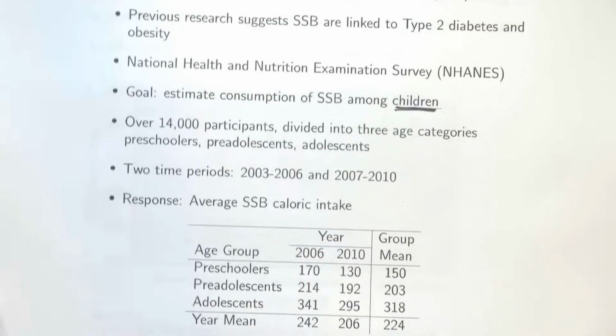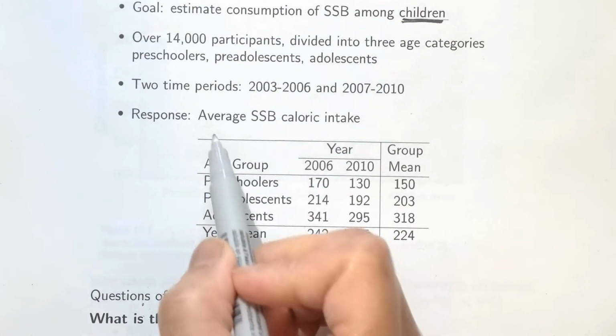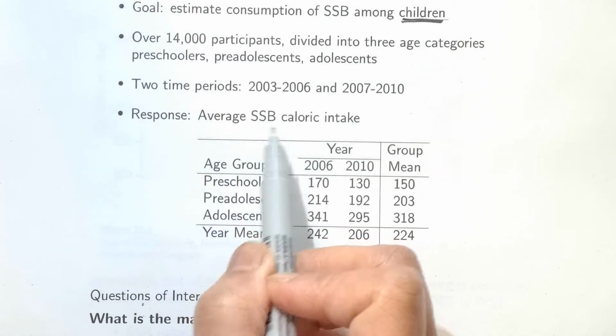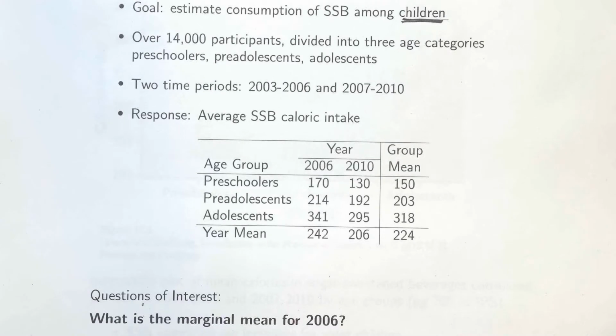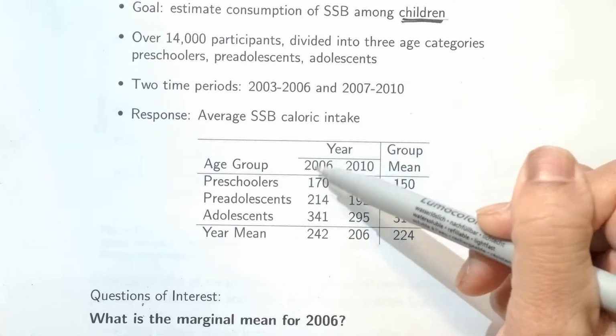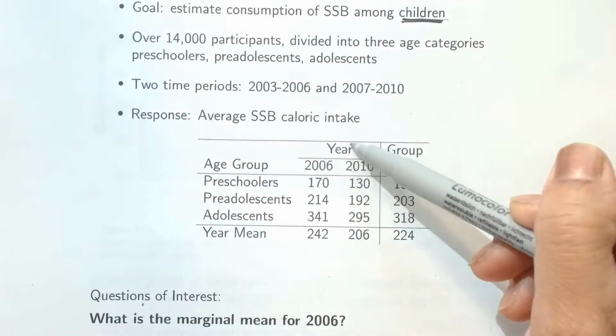So what we have in our data table is our response being the average, or the sample mean, sugar-sweetened beverage caloric intake among these children, where now they've been more or less stratified by whether they were preschoolers or pre-adolescents or adolescents, so by age group and by year.